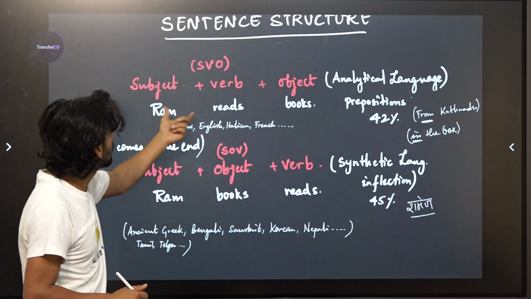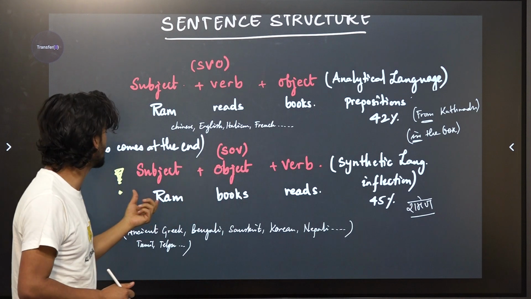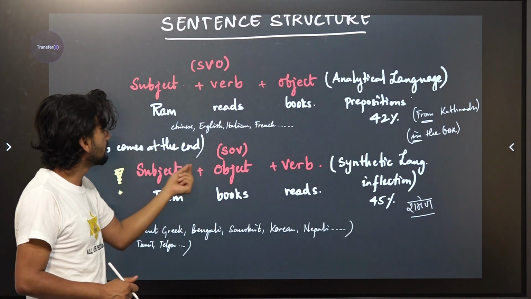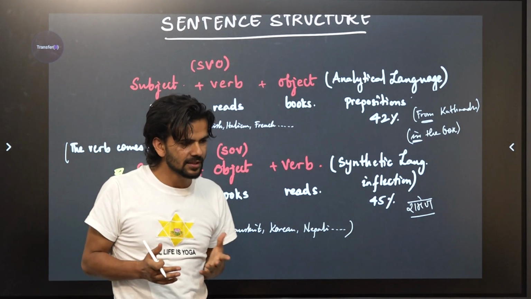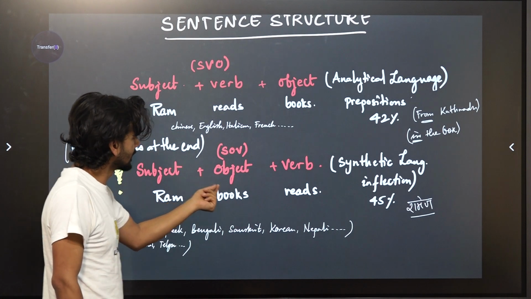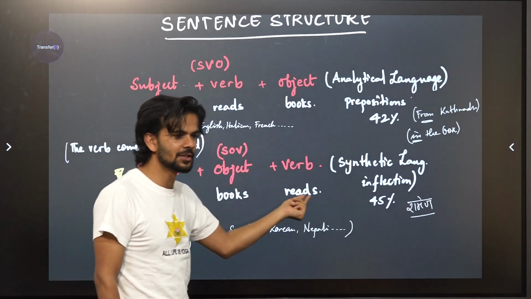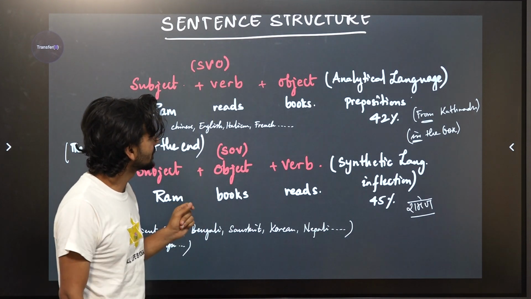So for example, if you would write the same sentence in SOV structure, what would it be? Ram books reads. That's not English. But in Nepali, Ram kita padcha. Look at that. So Nepali is what kind of language?